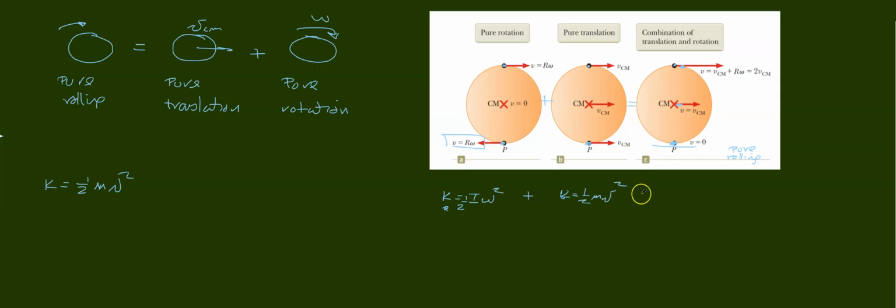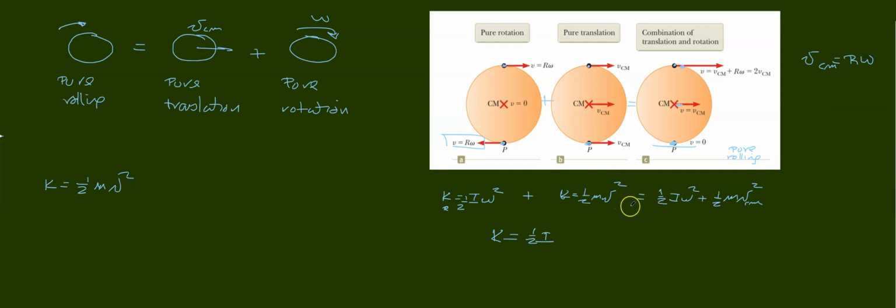So if I want the kinetic energy of the rolling object, well, it's going to be these two: 1/2 I omega squared plus 1/2 mv squared. That's the kinetic energy of the rolling object. This v is, of course, the velocity of the center of mass, right, as we see here. I can work this a little bit more by remembering that the velocity of the center of mass was R omega, right?